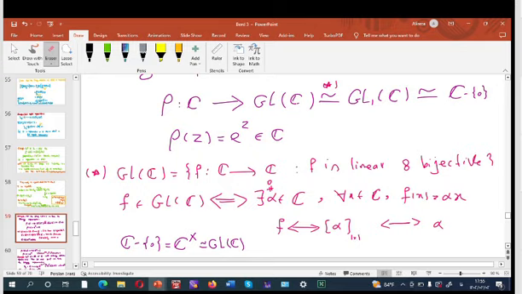And the set of all non-zero complex numbers that we denote by this is isometrically isomorphic with GL of C.